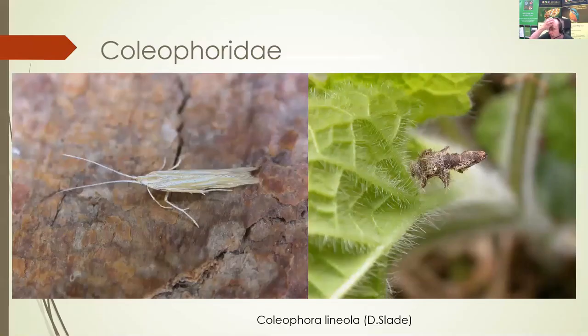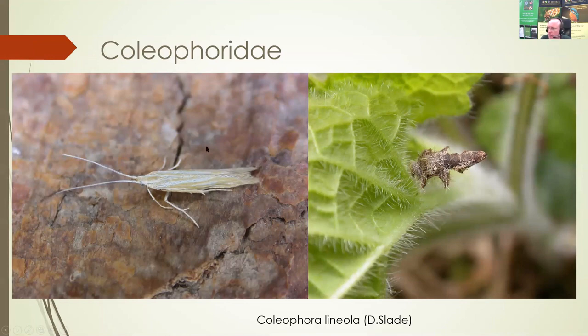Coleophoridae are one of my favorite micro families. Very distinctive sort of shape. There's about 100 species, and they have very long, thin forewings. The antennae are swept forward in a very characteristic manner, and the larvae feed in portable cases, which they make either out of bits of leaf or bits of seed, or in some cases just silk.